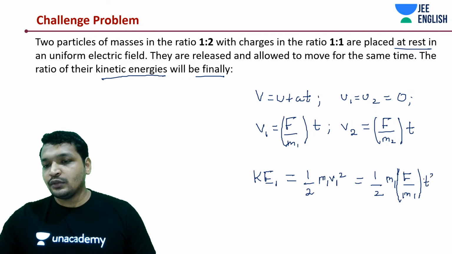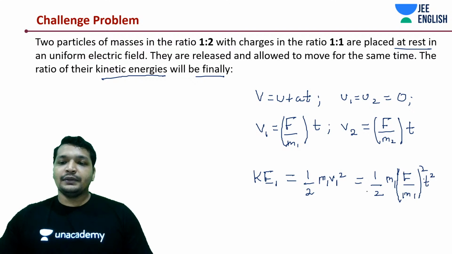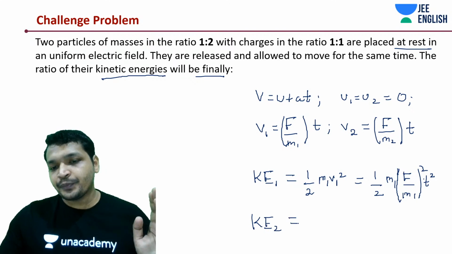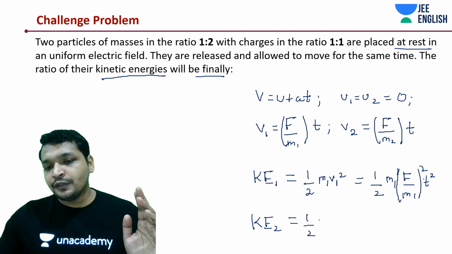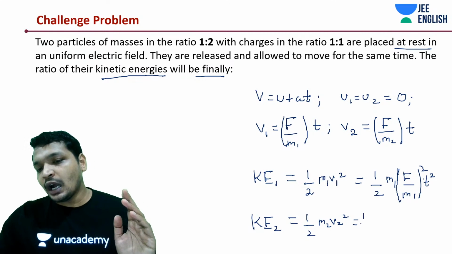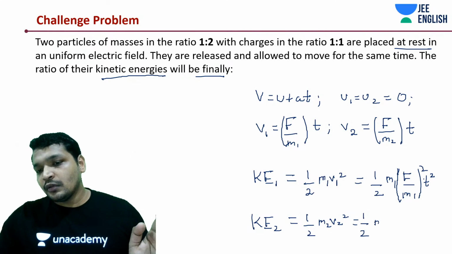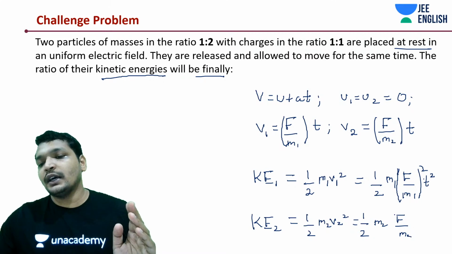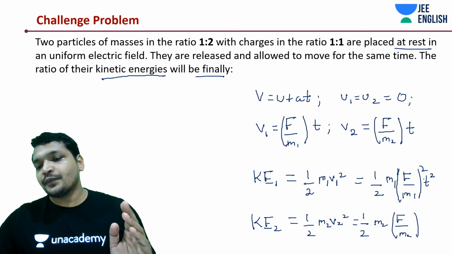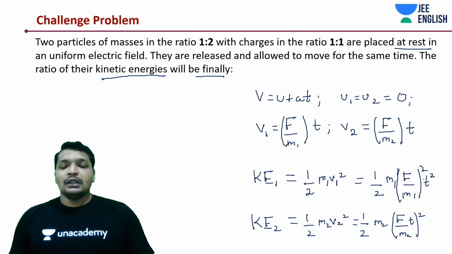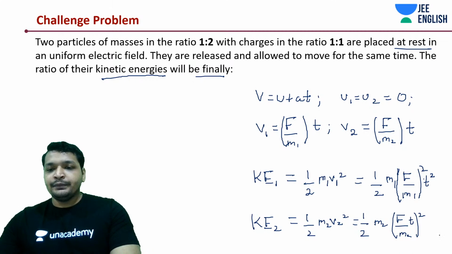I'm just writing it down separately. And similarly KE2 is going to be half m2 v2 whole square, which is half of mass 2 into F by m2 whole square, t whole square.